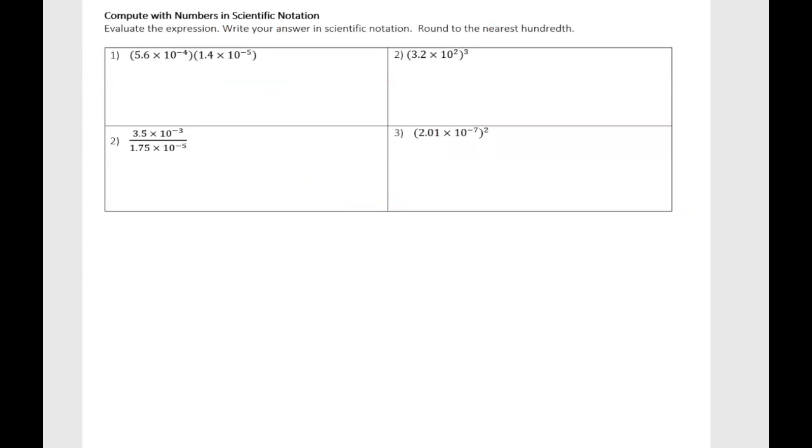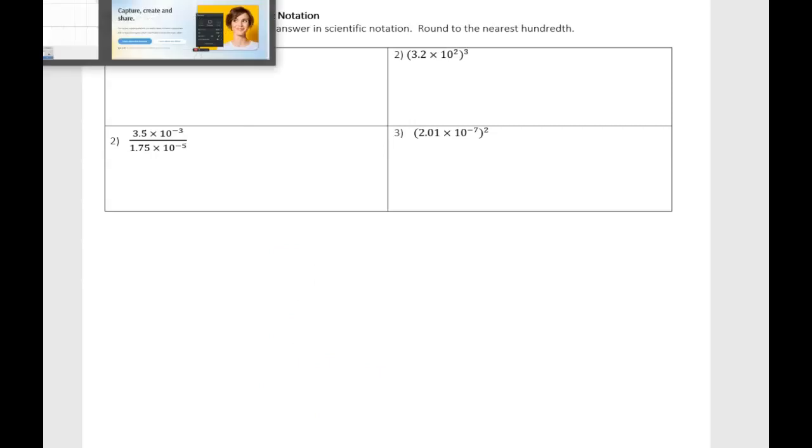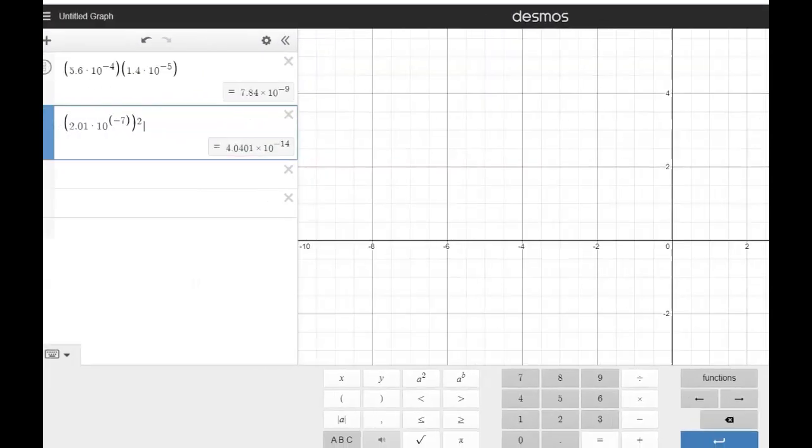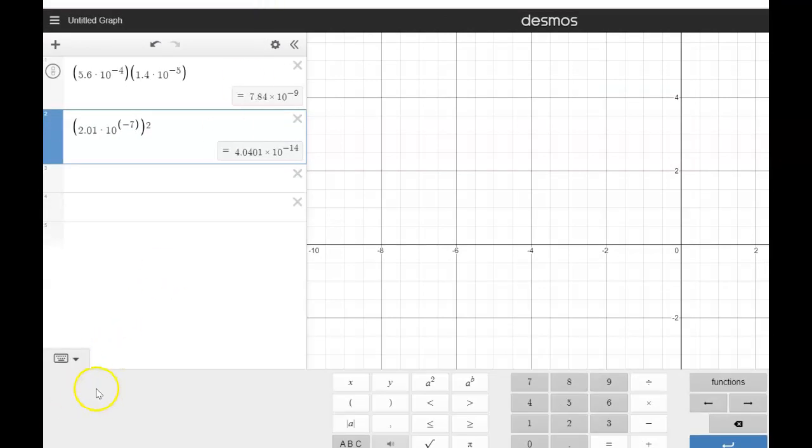Okay, so for the questions you have with scientific notation, it's actually easier to just put them into Desmos at this point. So you might see a question like this on your SOLs, and we just wanted to expose it to you. We really don't have a unit on scientific notation. So in Desmos, I'm going to show you these examples that I did. I did the first couple of them.